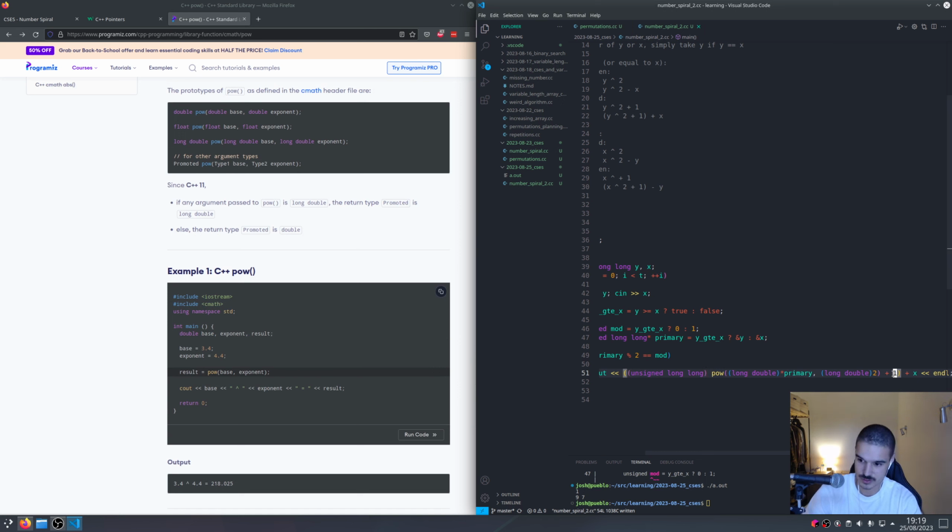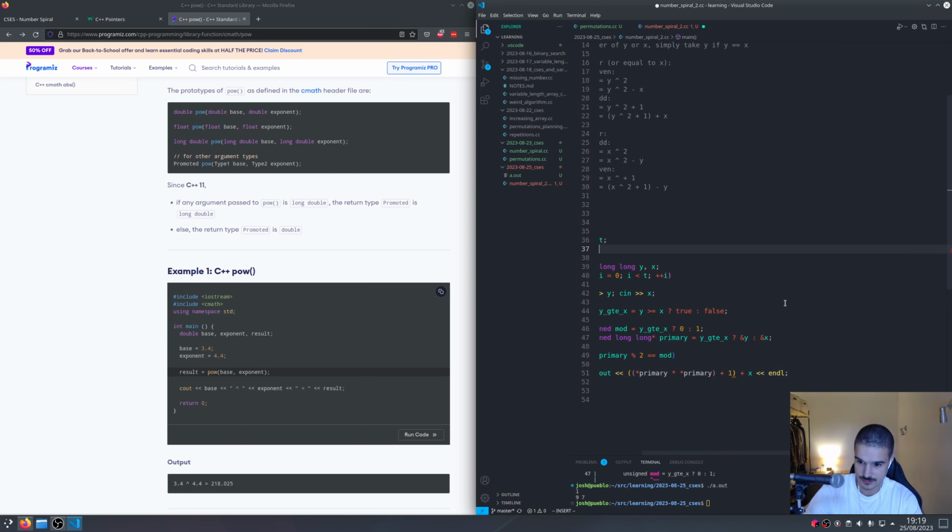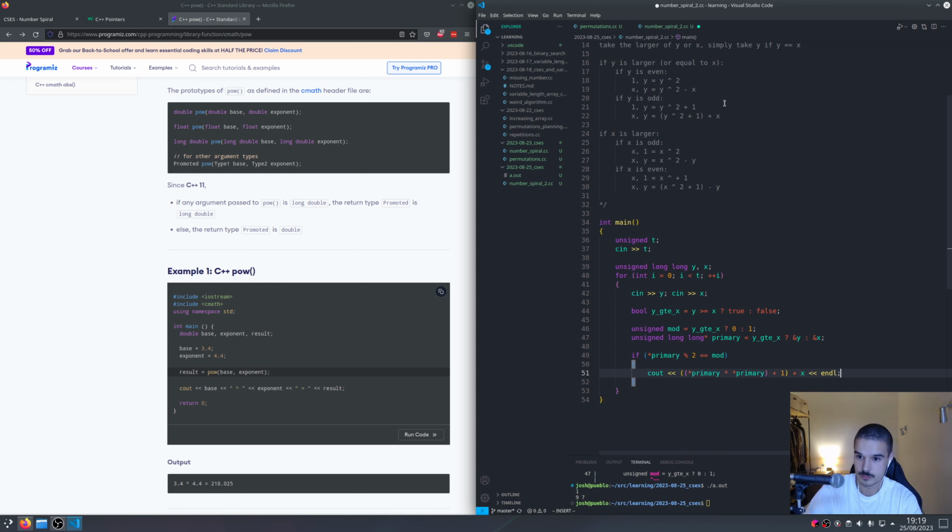I could just do primary times primary plus 1. Who needs POW? Primary times primary. That looks really ugly, doesn't it? Plus 1 plus x.